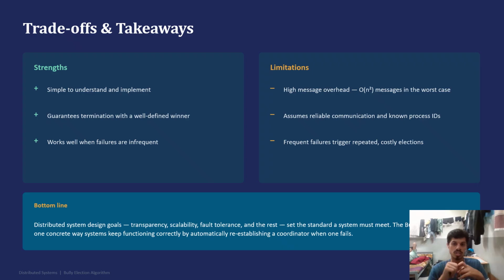It assumes reliable communication and known process IDs. Frequent failures trigger repeated elections. So the design goals of distributed systems are transparency, scalability, fault tolerance, and the rest.